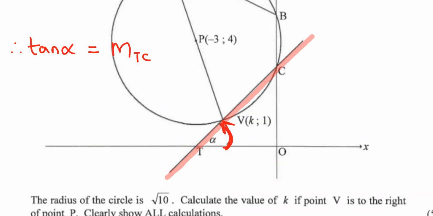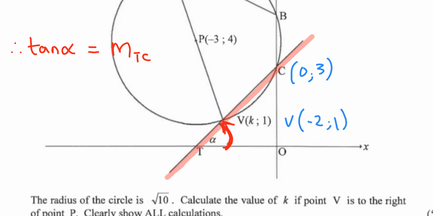Okay. What is the gradient of the line TC? We have V's coordinates and we have C's coordinates. So we can work out the gradient of this line. V and C lie on the line TC. Both those points are on that line. So C's coordinates are 0 and 3, and V's coordinates are -2 and 1.